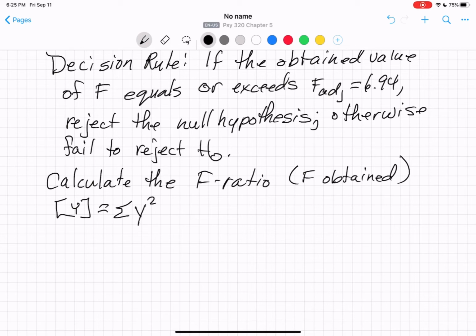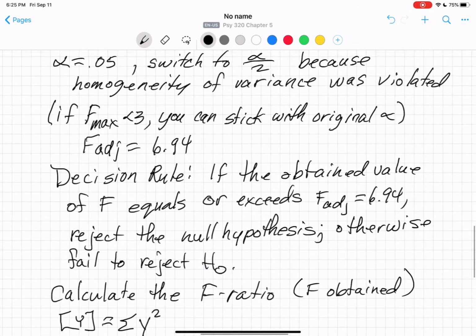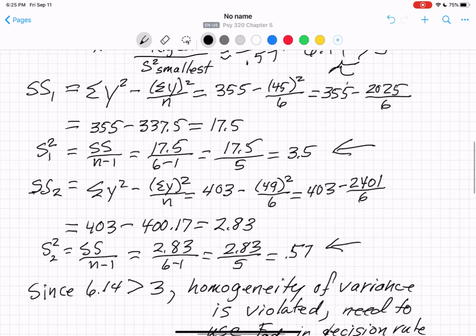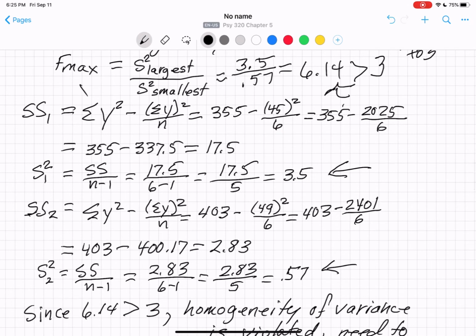Now, here's a little trick. If you've already done the Fmax, you can just take your sum of y squared that you used for group 1 and your sum of y squared from group 2 and just add them up.